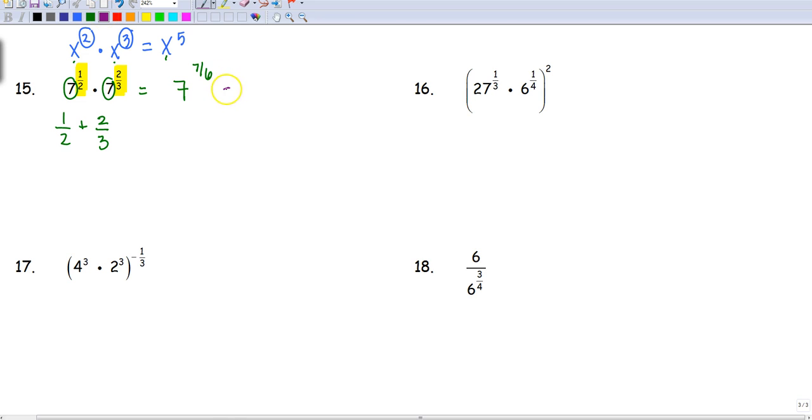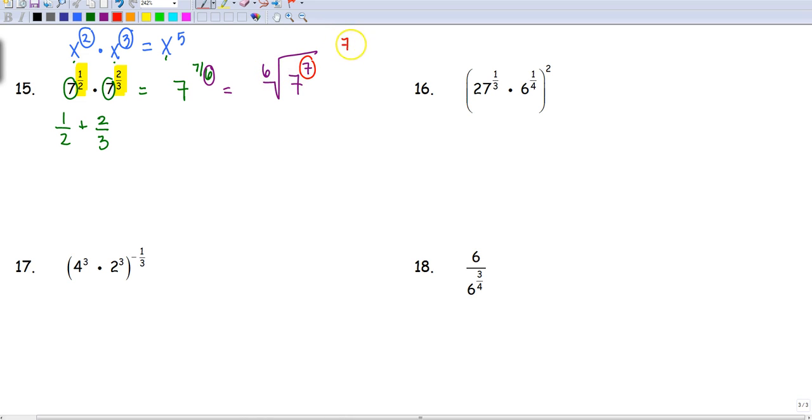So now this needs to be written as a radical. Denominator becomes your index. Numerator becomes your exponent. Okay, so what you are looking for is if your exponent is ever bigger than your index. Because this 7 is bigger than 6, that means that there's a number that can come out, because you're looking for groups of 6.